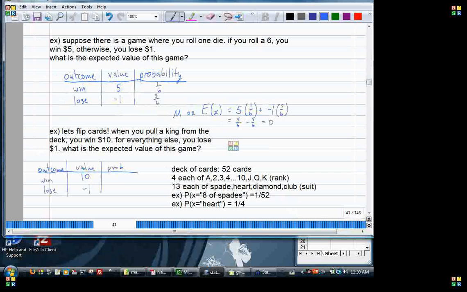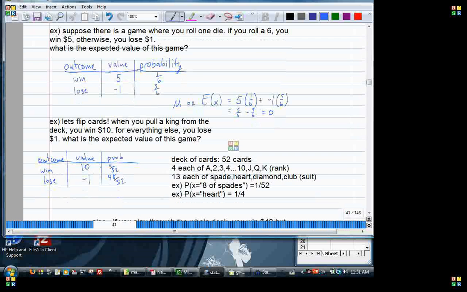Yeah, how many ways are there to win? What's the probability of winning? 4 out of 52. And what's the probability of losing? If 4 cards win, how many cards lose? 48. There's 48 left. Okay. So now, let's figure out the expected value for this game.